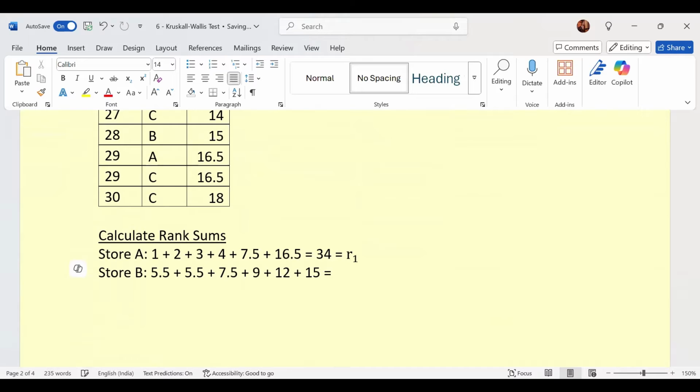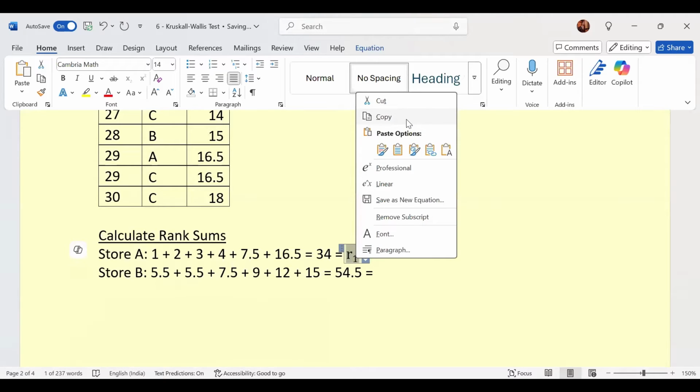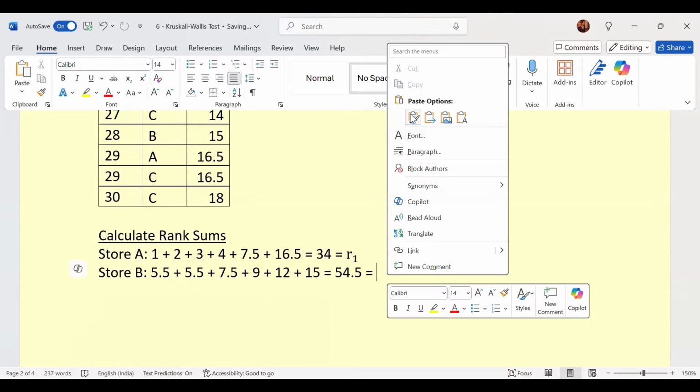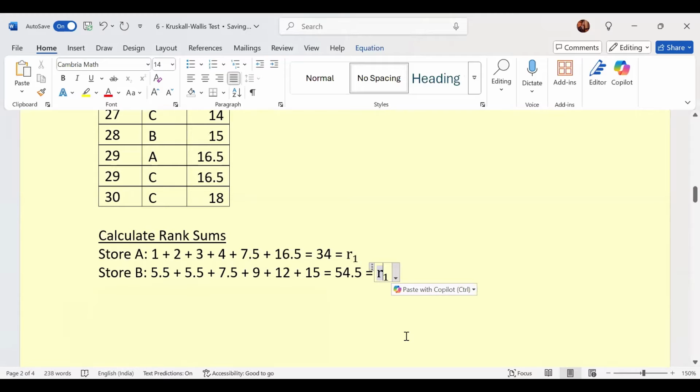So adding this, 5.5 plus 5.5 plus 7.5 plus 9 plus 12 plus 15, we get 54.5. We are going to call that R2. We copy this and modify the suffix. Then we will copy this and calculate for store C.